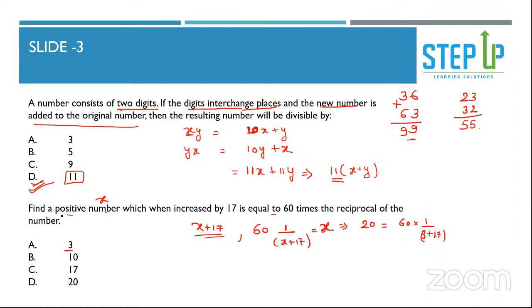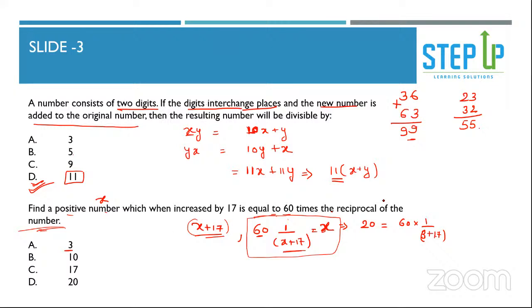I'll repeat. Find a positive number which when increased by 17 is equal to 60 times the reciprocal of the number. So 60 times the reciprocal of the number is equal to this number. So this is the condition we need to satisfy.